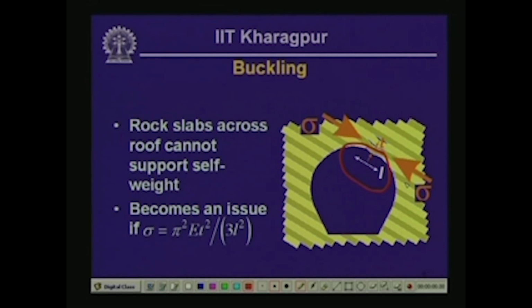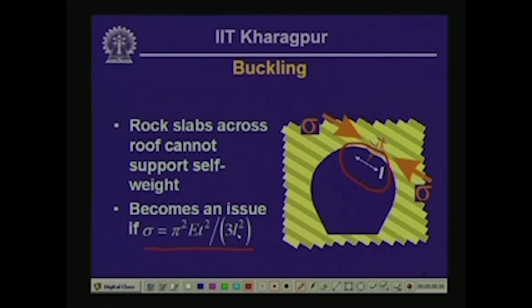What is happening here is that because of the excavation of the tunnel, the confinement to the rock slab has been removed, and because of that the rock slab can no longer resist the buckling tendency that arises because of the presence of the in plane compressive stress sigma, and consequently the slab buckles into the opening. This becomes an issue when sigma equals pi square E t square over 3 L square.